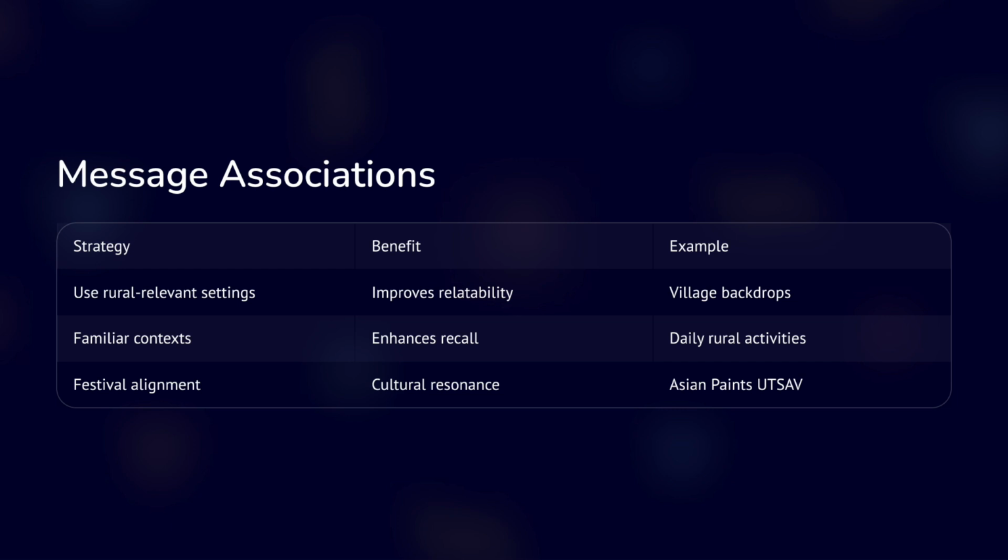Studies indicate that rural audiences are more likely to remember advertisements for products that are directly relevant to their lives. Therefore, beyond just generating consumer interest, advertisements should aim to depict settings and circumstances that our rural audience is used to and can easily relate to.